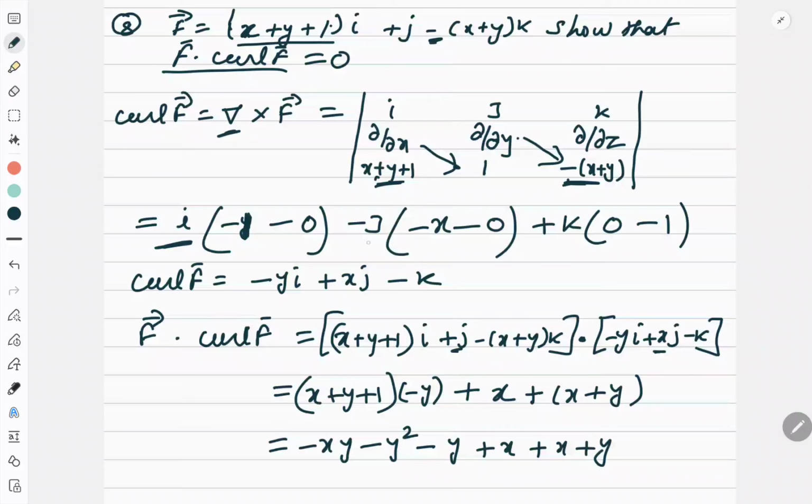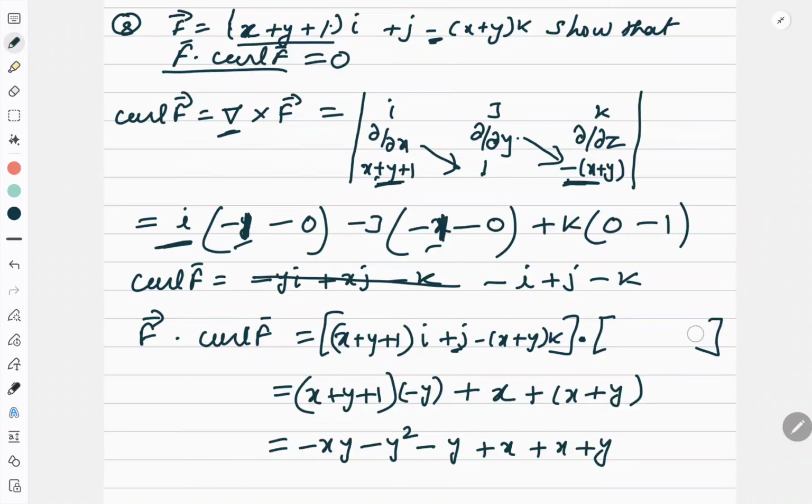Then when I am doing minus j, del by del x of this is minus 1 and minus 0, correct. Now the last term: del by del x of this is 0 and del by del y of this is 1. This I did correctly. Only in these two terms I made a mistake. So my curl F is minus i plus j minus k. So this thing I should change.